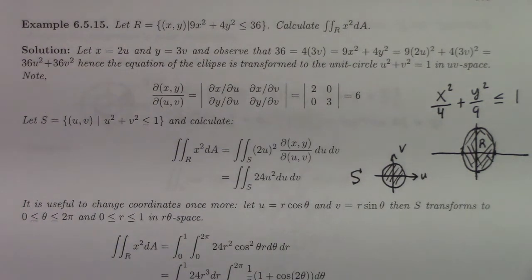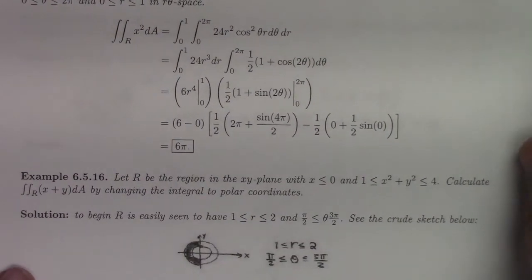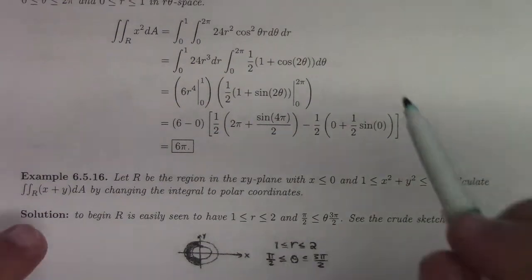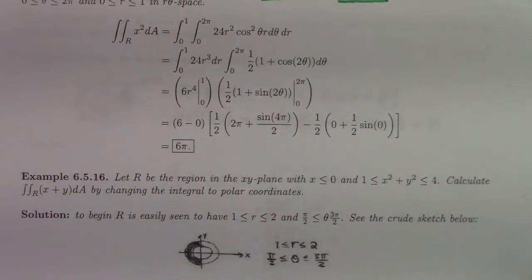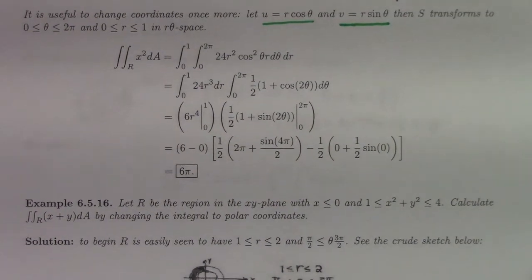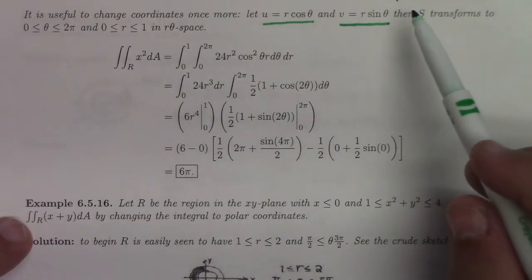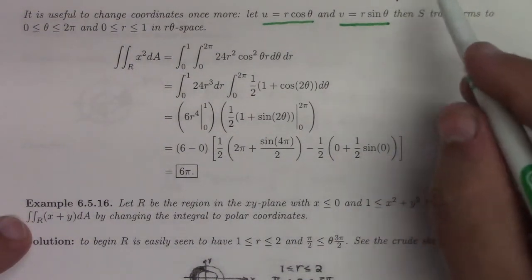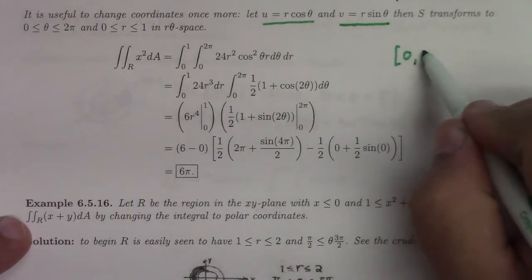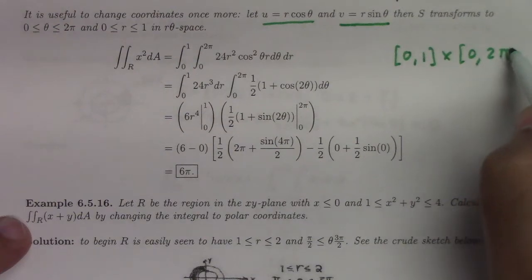And so if we introduce polar coordinates in uv space, make a second change of variables, u equals r cosine theta, v equals r sine theta, then the space transforms from a circle into the 0, 1 Cartesian product with 0 to 2 pi in our theta space.